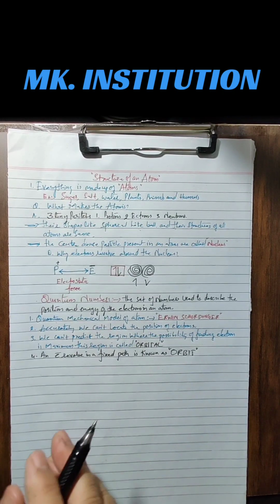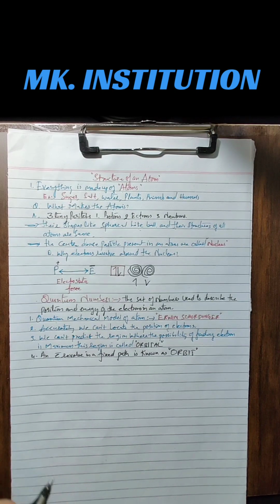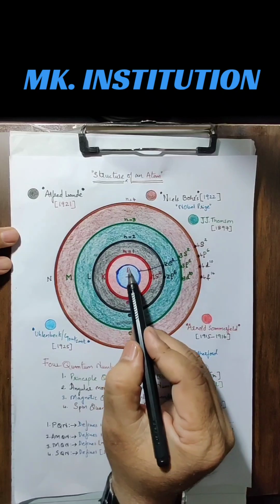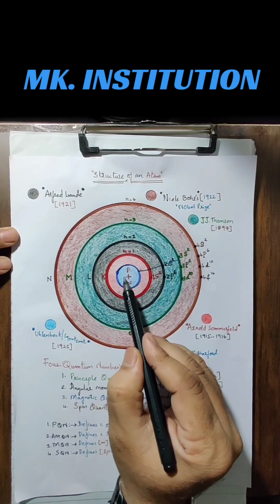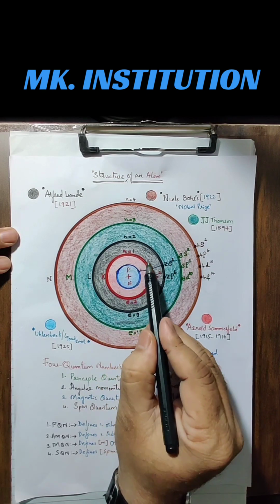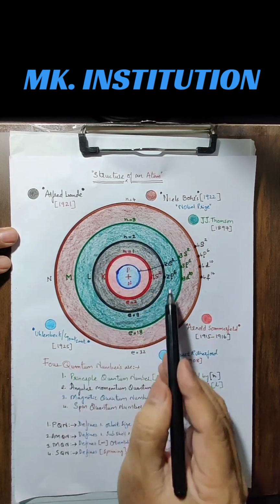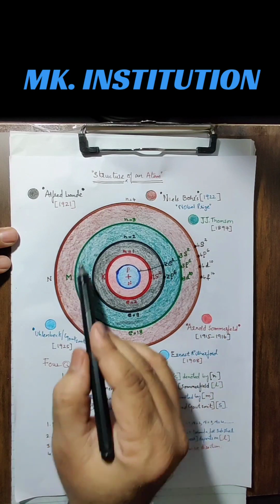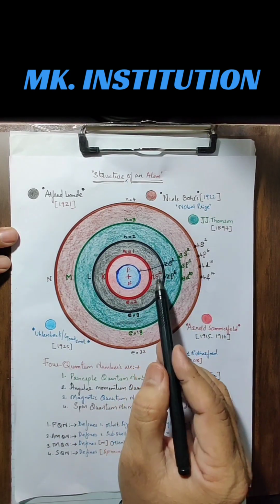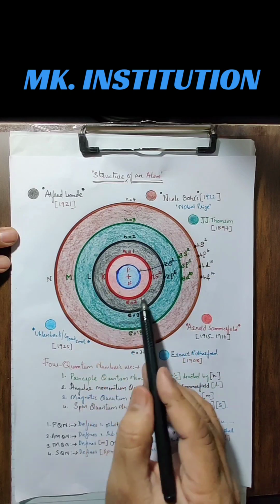Now I'll show you the diagram. This is the nucleus. Near the nucleus, these are the orbits: red color circle, black color circle, green color circle, and brown color circle. In these orbits only the electrons revolve.